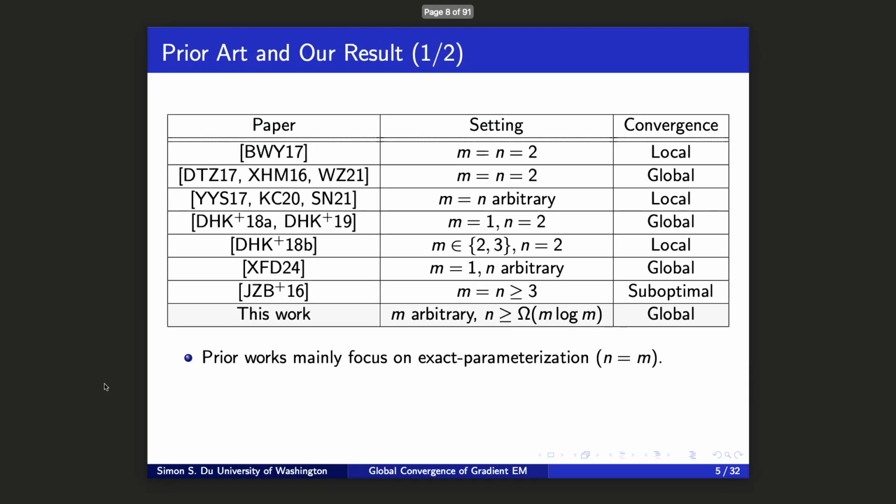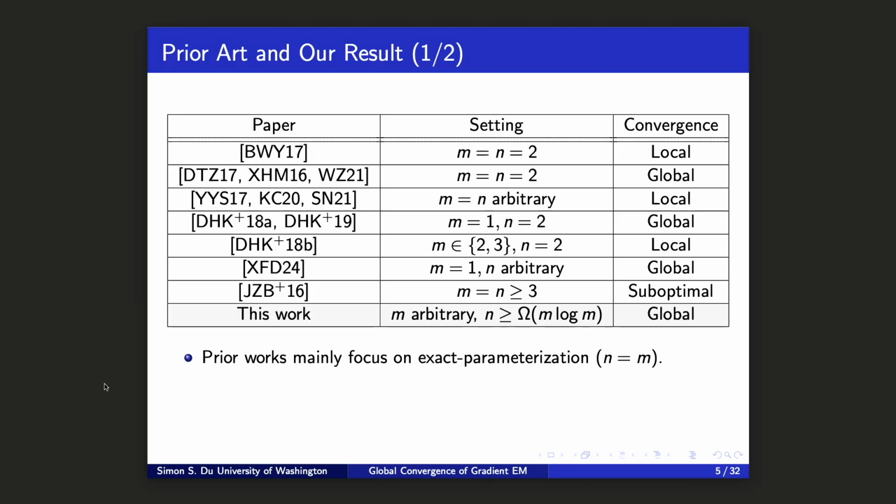All right. So actually, there's a line of work on this topic. For example, the first line is by Siva here. Martin Wainwright and Bin Yu show, in what we call the exact parameterization setting, where both m and n equal 2, so we want to learn a 2-mixture Gaussian and your model is also 2 Gaussians, a local convergence analysis using convex analysis.